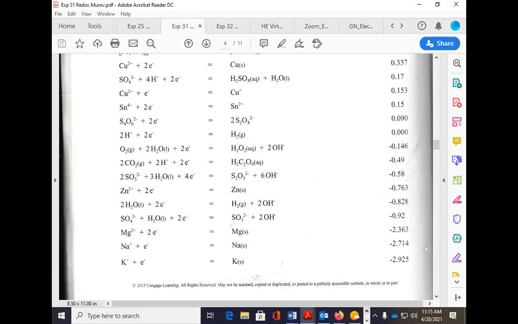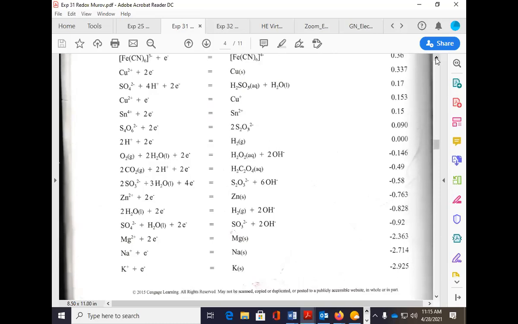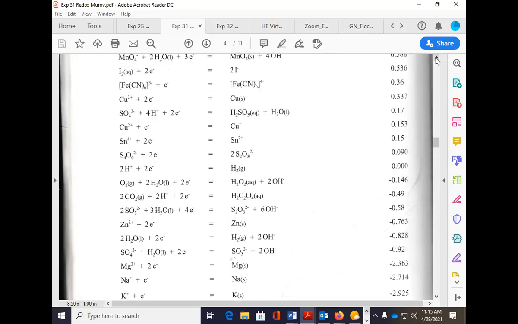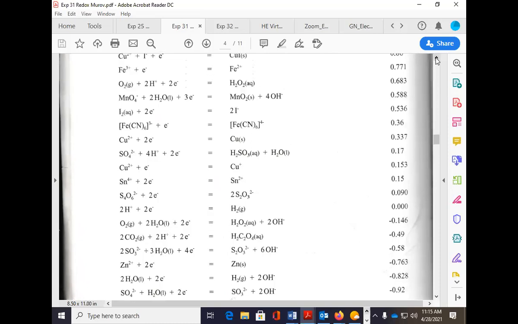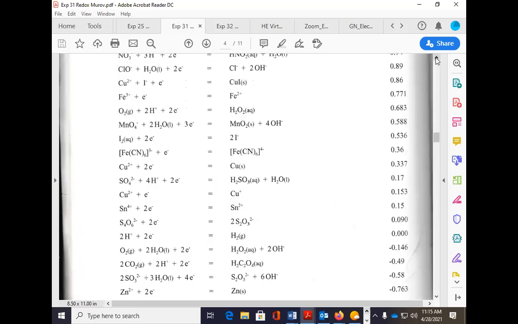We want positive volts. So we would use this table and find each of our half reactions and make sure we flip one of them.